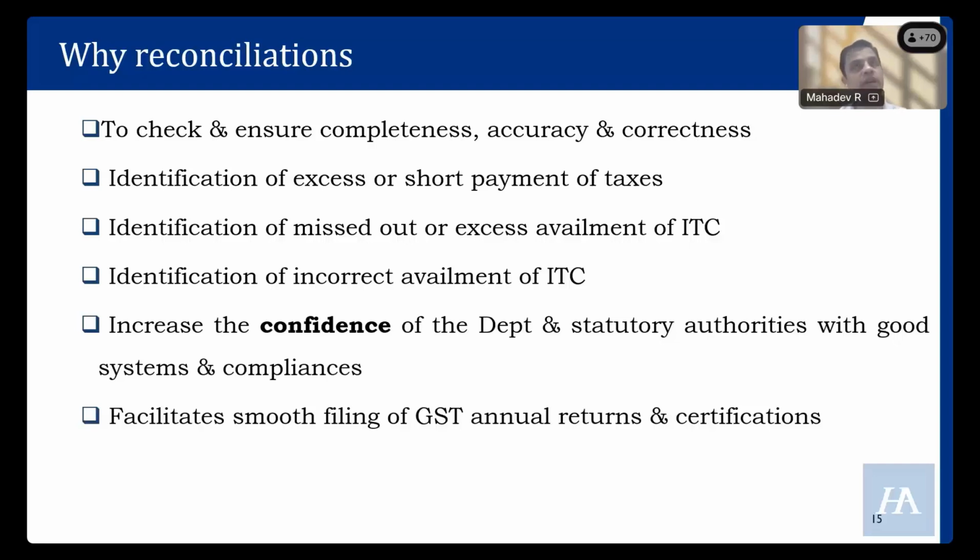When there is no intention of evading any taxes, then section 73 is applicable, wherein the penalty can go maybe up to 15%. Whereas when the notice is issued under section 74, wherein you have the intention to evade taxes, the penalty can go up to 100% of the tax.